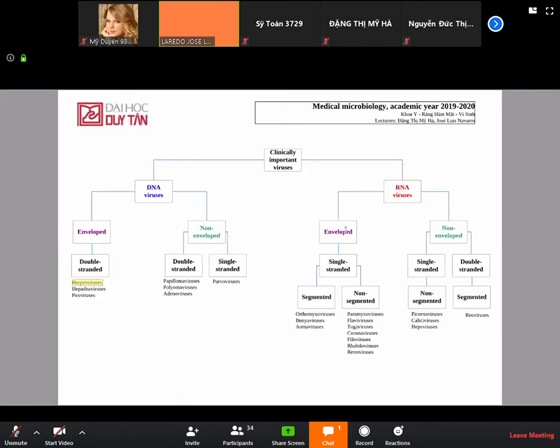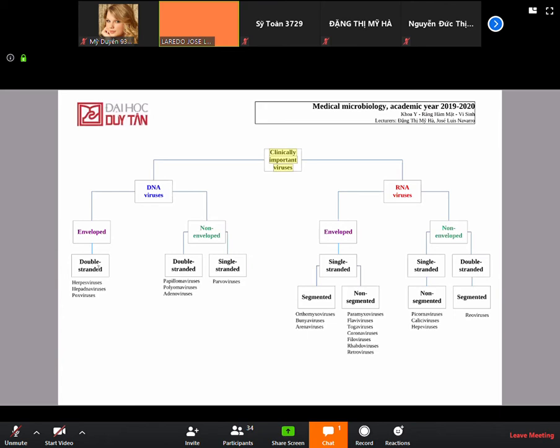Can you see the table, please? Yes. This is the picture that we are going to follow to study viruses. The clinically important viruses may be divided into 2 groups, DNA viruses and RNA viruses. We are going to start with DNA viruses, with envelope or without envelope. We start today with viruses with envelope.